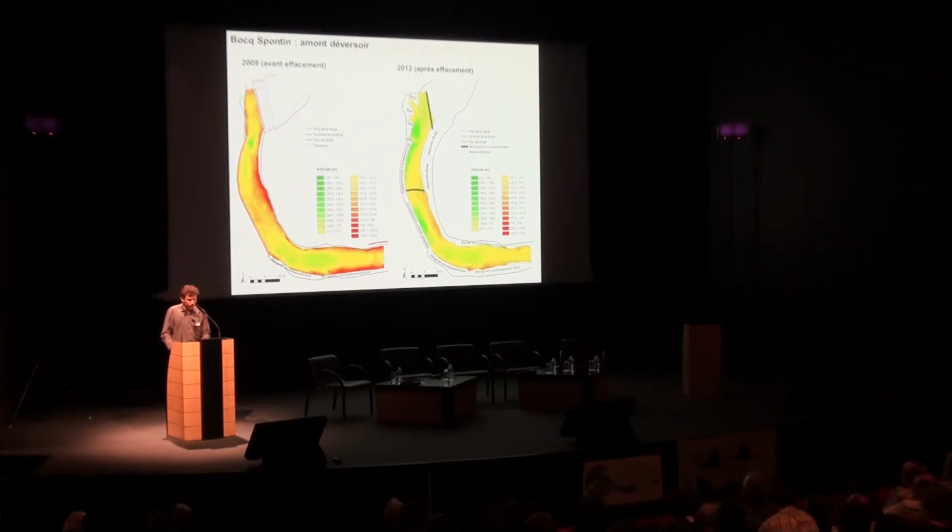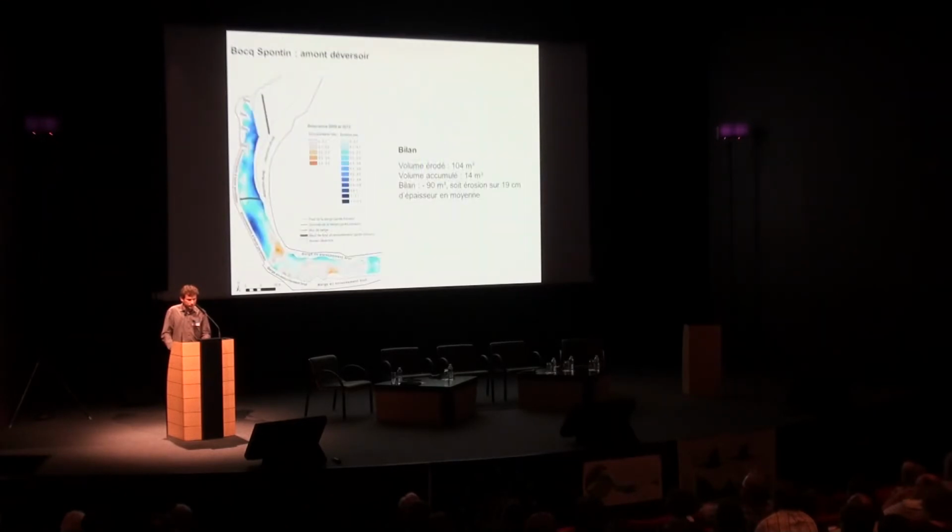So we then drew digital models before obstacle removal and after obstacle removal. So we were able to see the parts suffering from erosion. This is upstream. And so we think we've got a balance of 90 cubic meters.